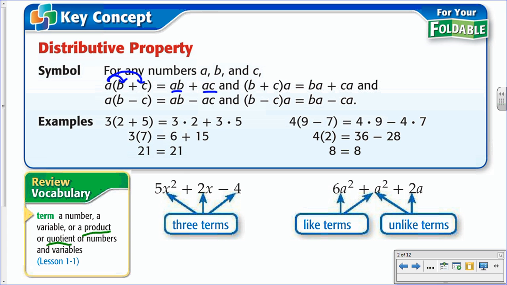Okay, what's a good example? 5x squared is a good example. You've got two separate things there, but what are you doing with the 5 and the x squared? Multiplying them. What else is that called? The product, right?